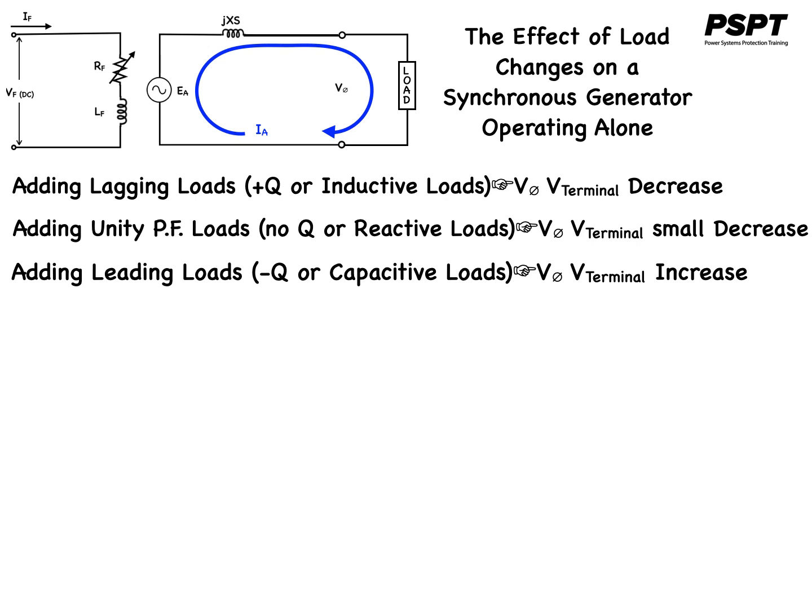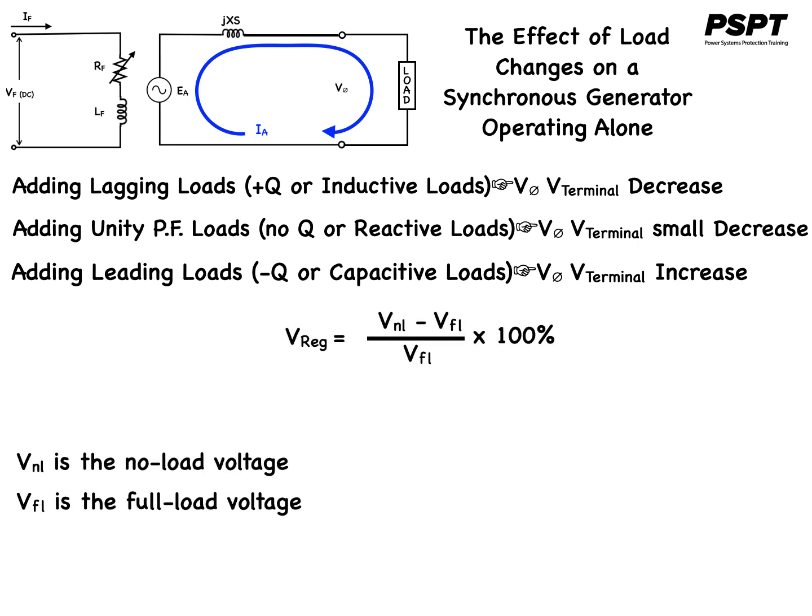A convenient way to compare the voltage behavior of two generators is by their voltage regulation. The voltage regulation of a generator is defined by this equation, where VNL is the no-load voltage of the generator and VFL is the full load voltage of the generator.